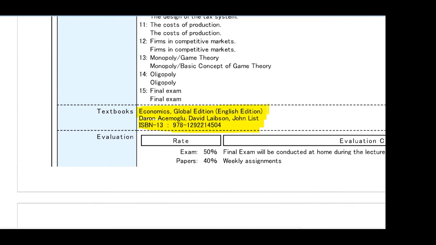That has caused a bit of a problem with the textbook availability from the university bookstore.